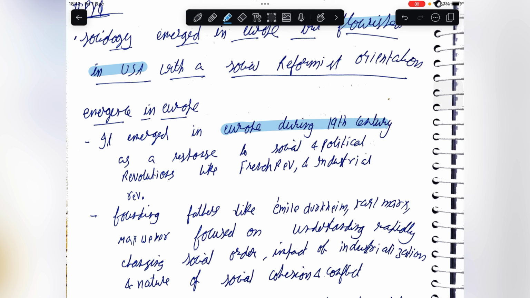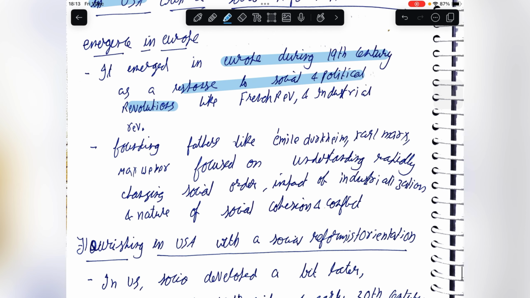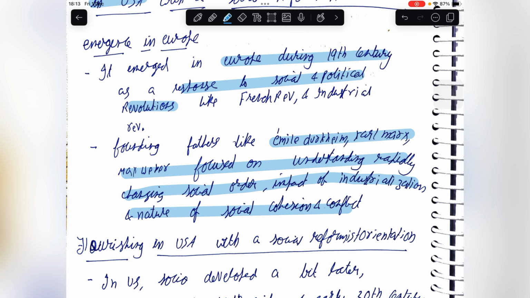Sociology emerged in Europe during the 19th century as a response to social and political revolution, as we already talked. The founding fathers like Emile Durkheim, Karl Marx, and Weber focused on understanding rapidly changing social orders and the nature of social cohesion and conflict.